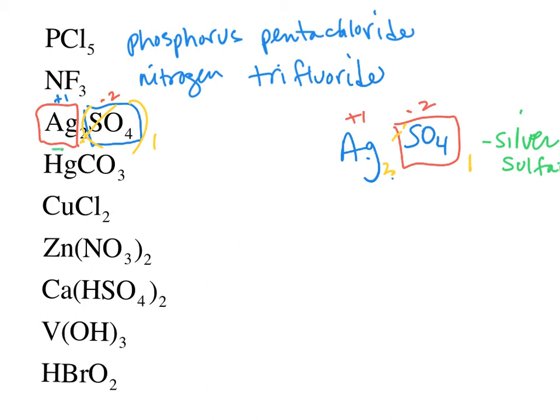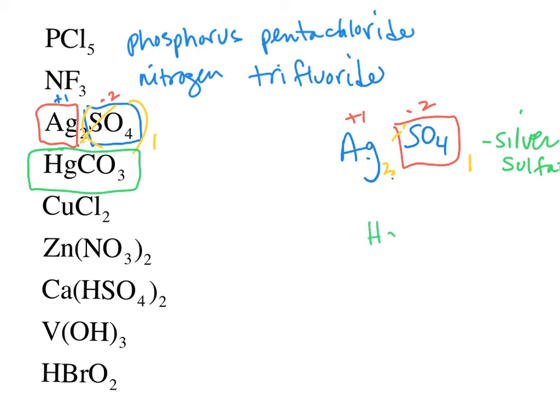All right, the next one is between mercury and carbonate. CO3 is, now I don't want to hear you say or see you write monocarbon trioxide. You got to know that carbonate is a polyatomic ion with a -2 charge. So if you know that carbonate has a -2 charge, then you know that mercury has to be a +2 charge.